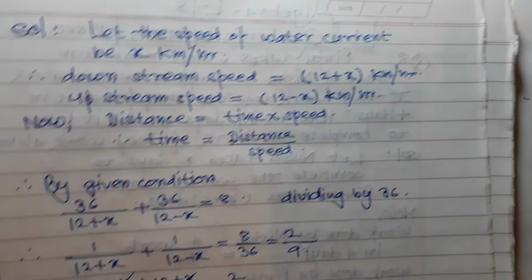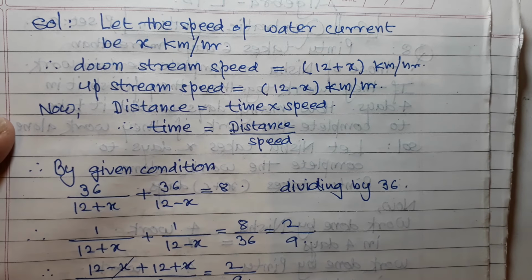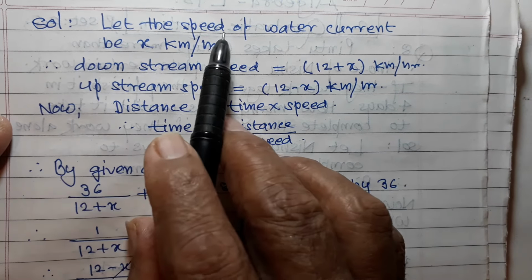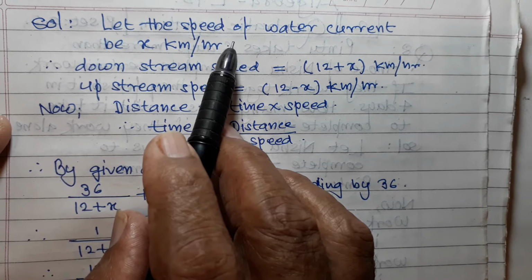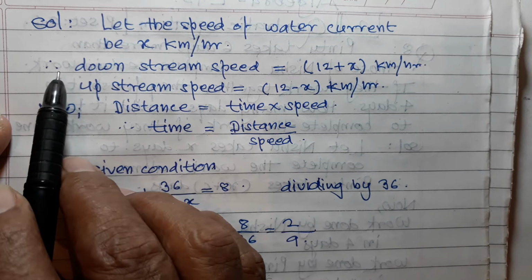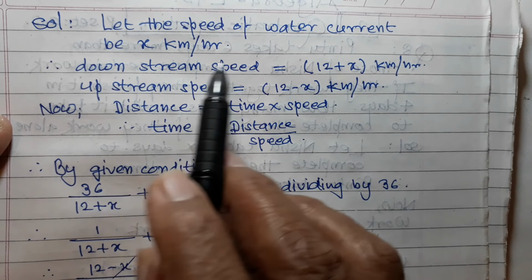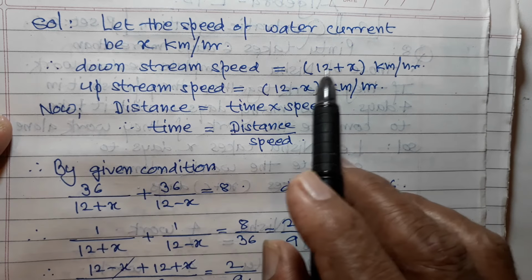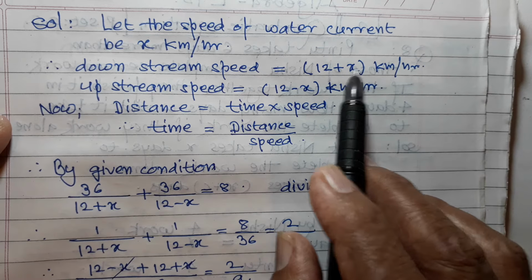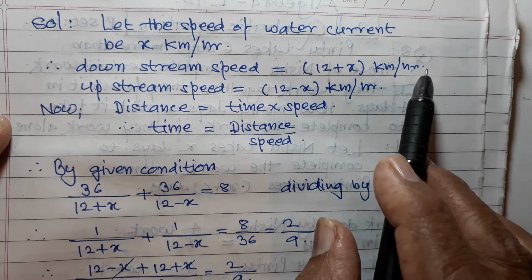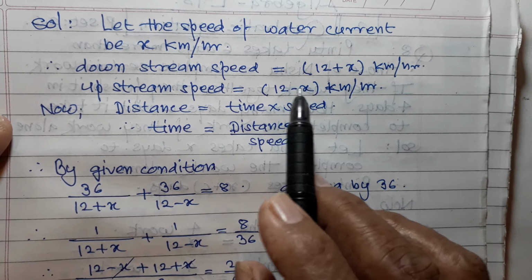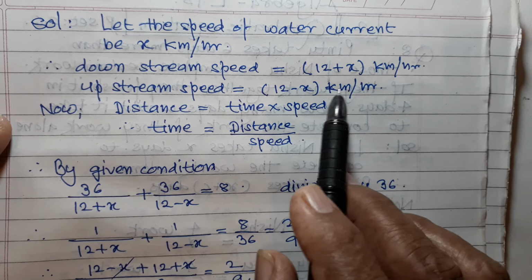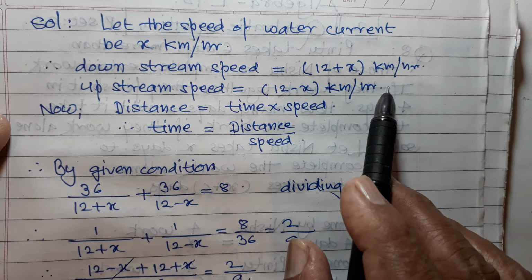Okay. Solution. Let the speed of the water current be x km per hour, and therefore downstream speed is equal to 12 plus x km per hour, and upstream speed is equal to 12 minus x km per hour.